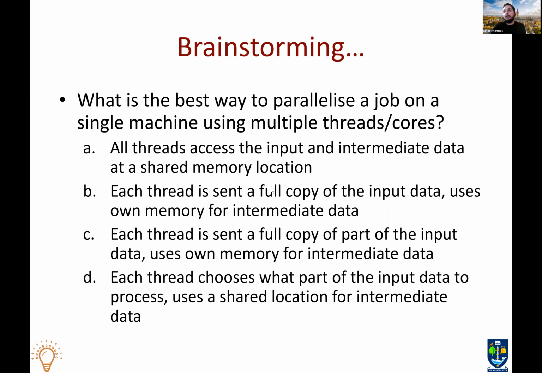But then each thread, or each worker, as we should call them for MapReduce, uses its own memory location for intermediate data. Okay, and we'll see what this means in a minute.